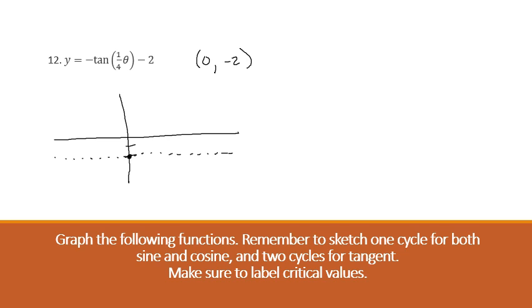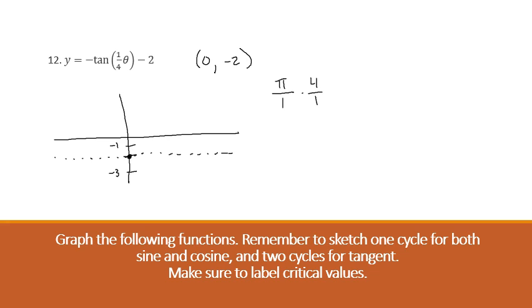This one's negative, so it's going to be going down, right? And then I'll pretend like it's an amplitude like with sine and cosine, so I'll put values here so that people can see how much the stretch is. That's how I show the stretch. Okay, so remember tangent has a period of pi instead of 2 pi. So if we divide that, flip and multiply, right?